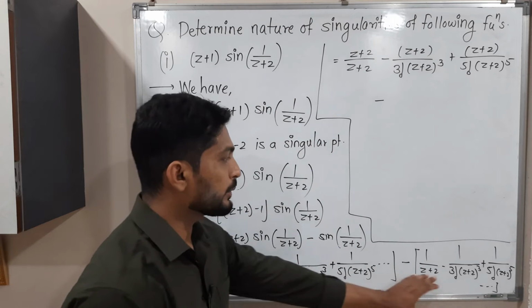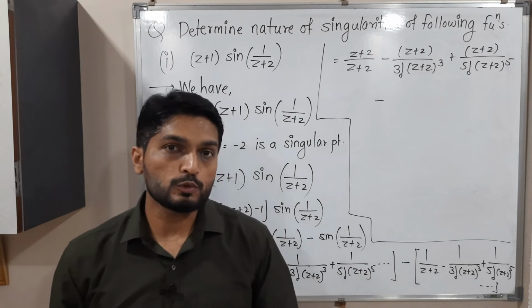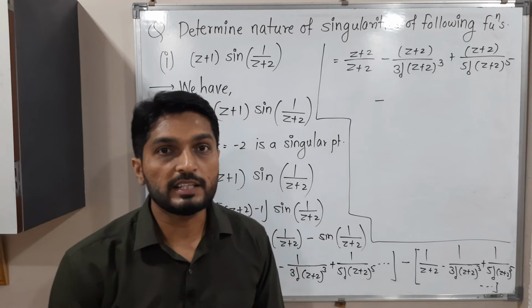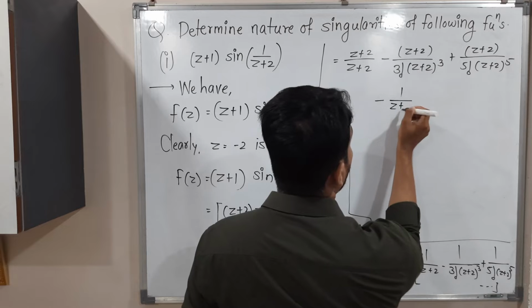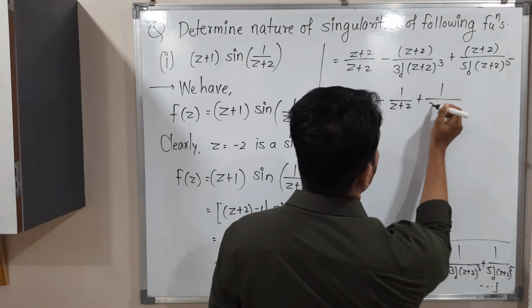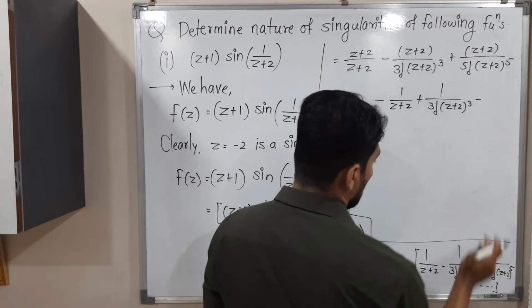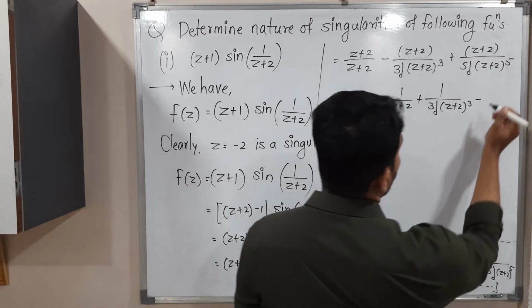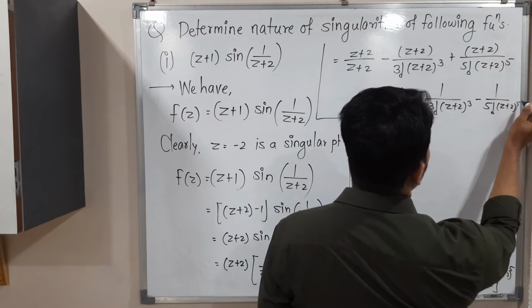So let us talk about this bracket now. We have a minus sign outside the bracket, so when you solve the bracket, all signs will get changed. So 1 upon z plus 2, agree? Minus minus plus 3 factorial z plus 2 cube, plus minus minus 1 upon 5 factorial z plus 2 raised to 5.